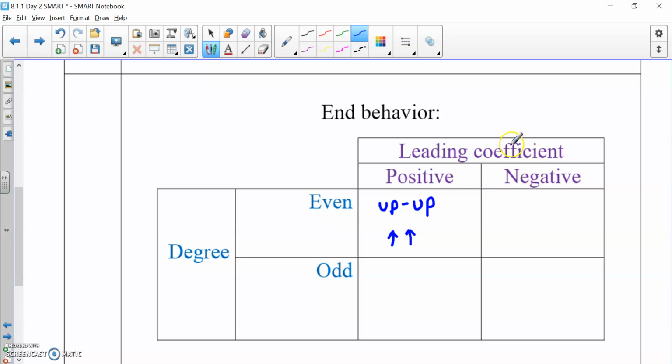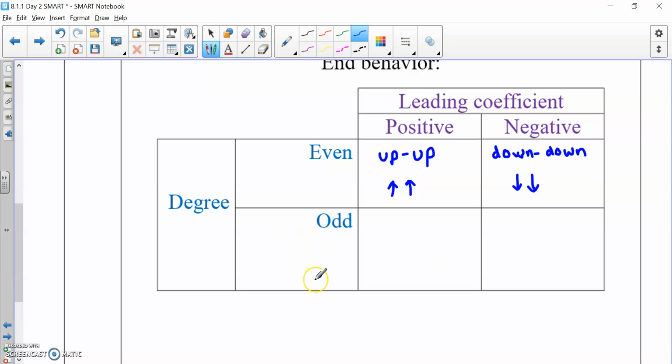And then here, if our leading coefficient is negative, but our degree is still even, then we are going to go ahead and say that this is going to be down, down. So both ends of our graph are going to be pointed downwards.